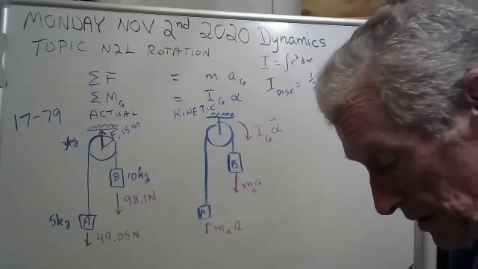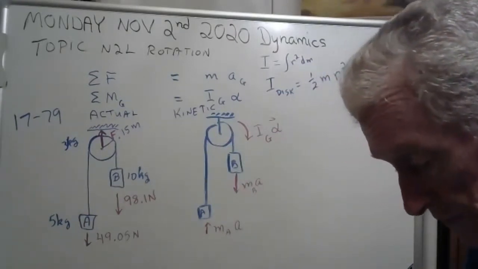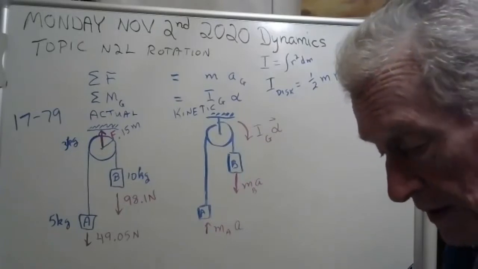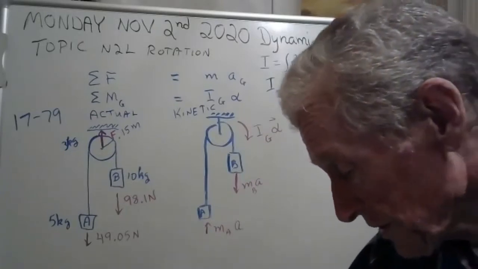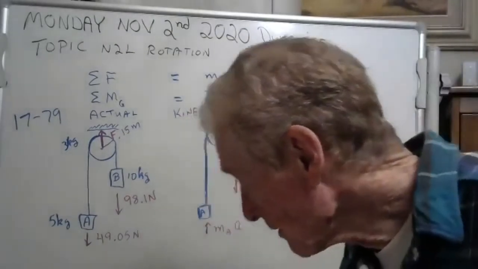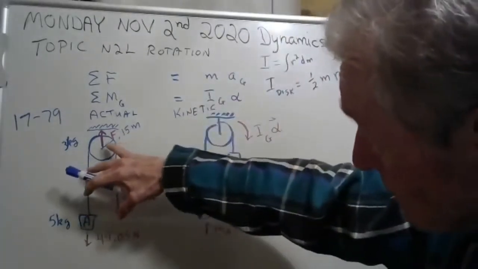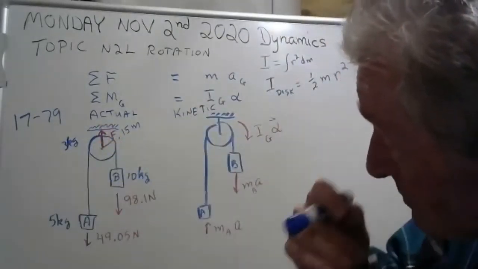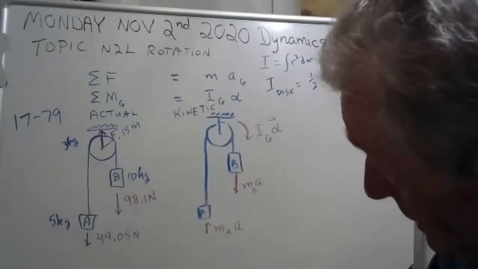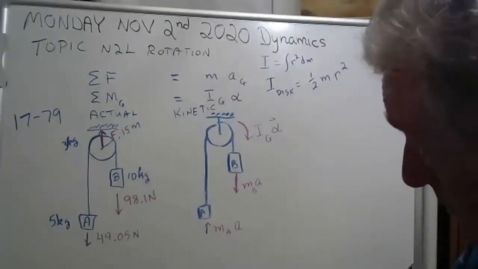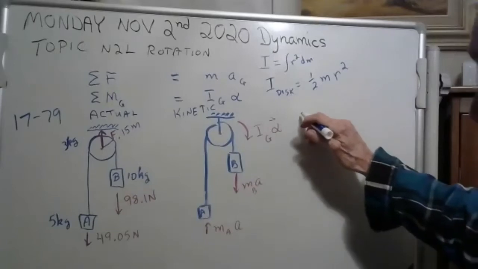Well, let me ask you guys, I need to involve you and see if anybody's paying attention here. You see that force right there? We know it has to be holding that pulley up. And there's three possibilities.